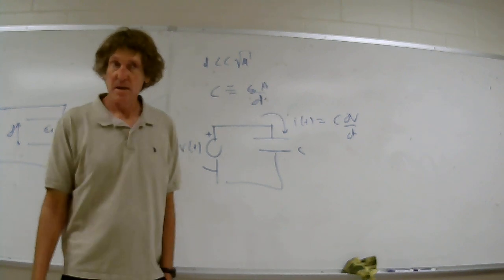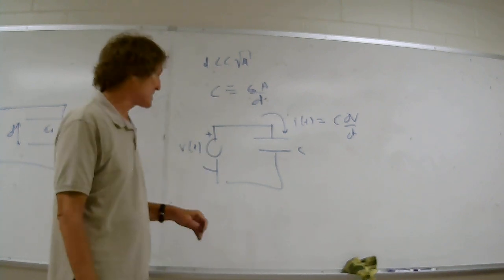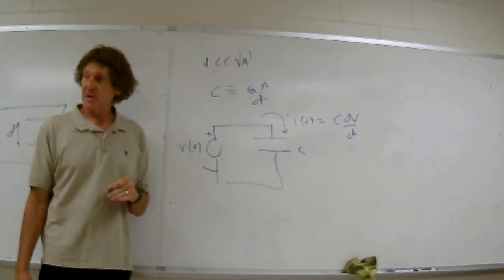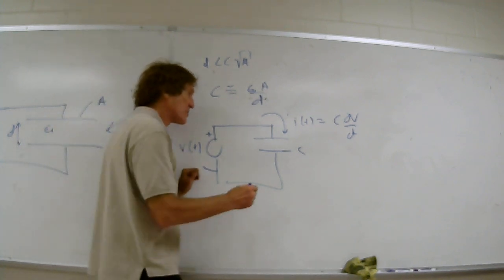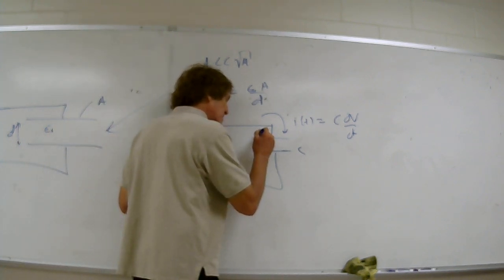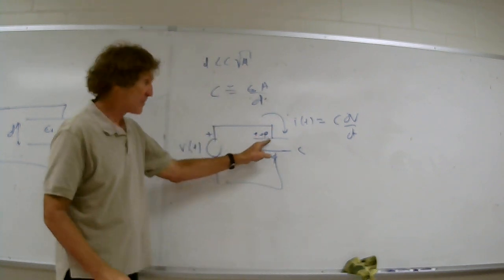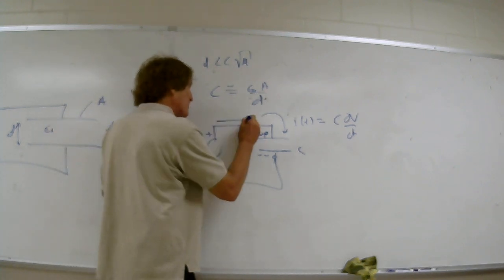Or not? Yes. So it's dependent on the time rate of change of the voltage. So if this is a DC battery, there is no current. I want you to hear me on this one. It's real important you see this. Does any real current come from this plate that's accumulating positive charge? Does any real current flow from here to here? No. Well, what happens? Real current flows here, right?